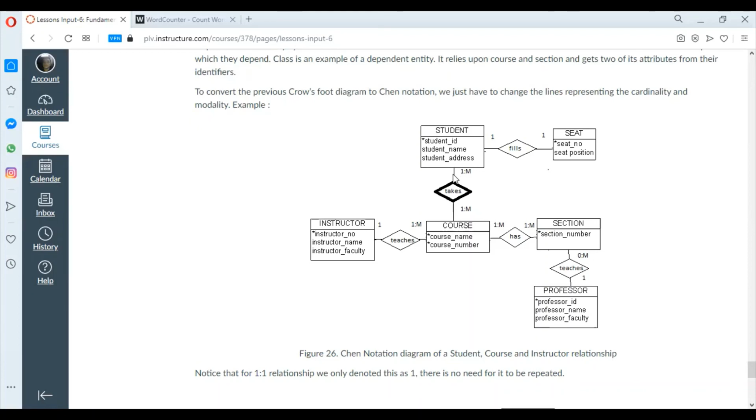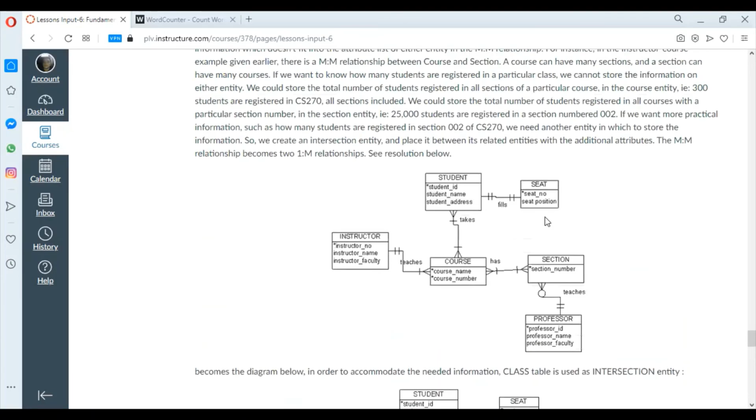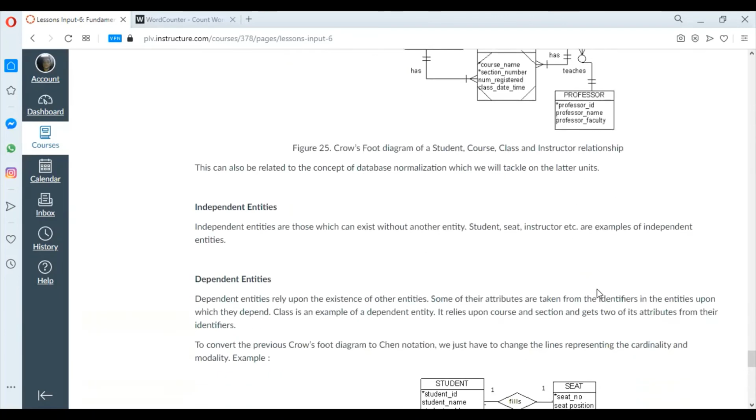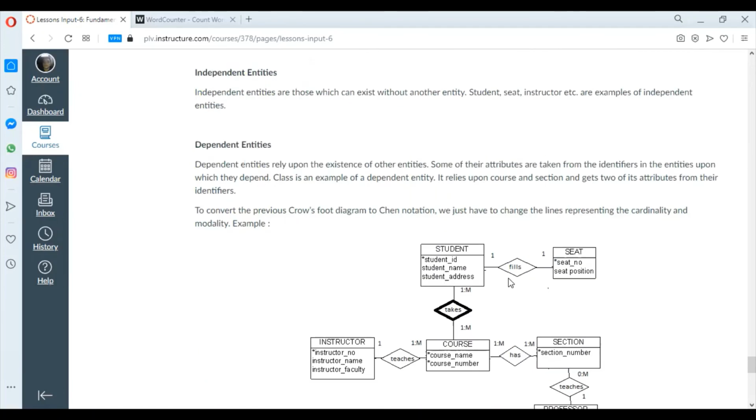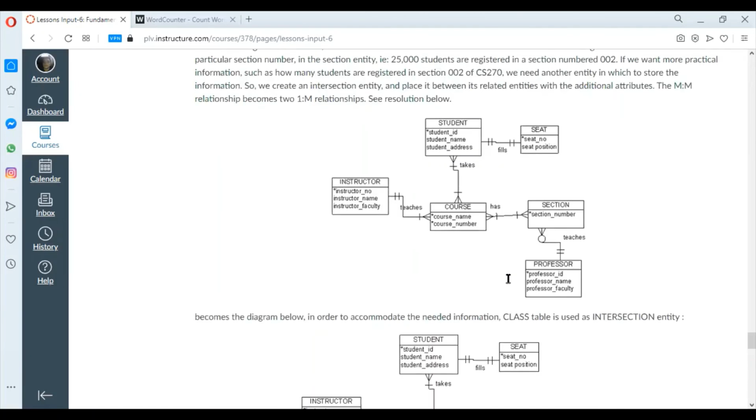So from this one, one is to many, it becomes 1 is to n. And then also from this symbol, 1 is to many, 1 is to many.